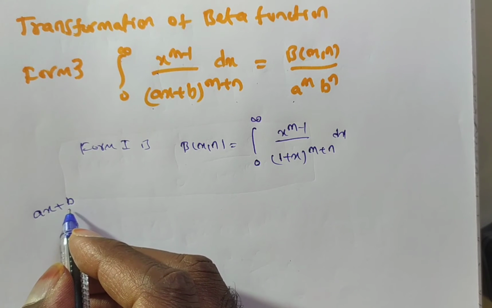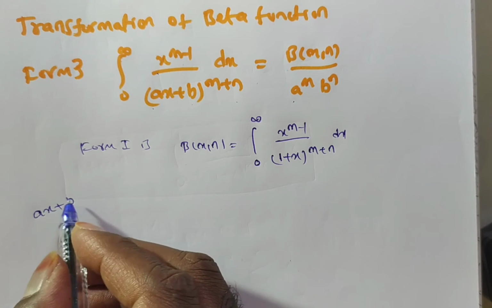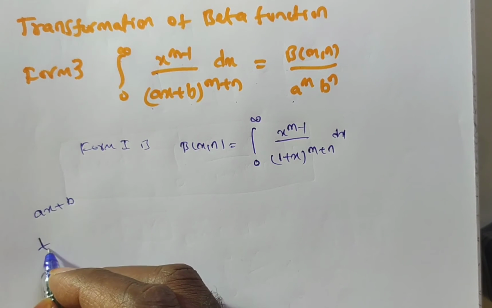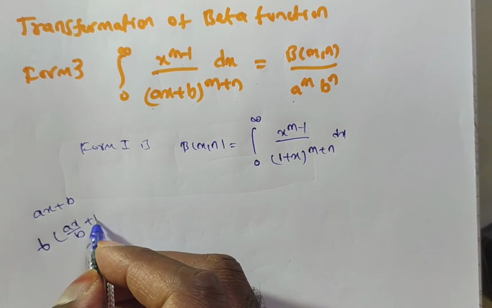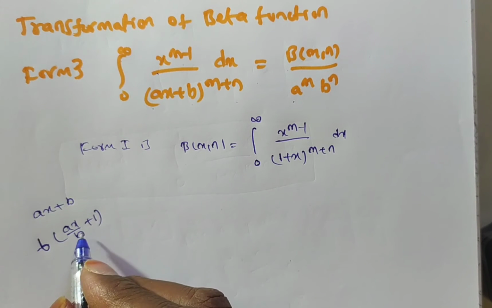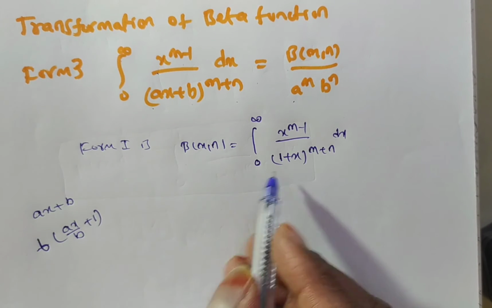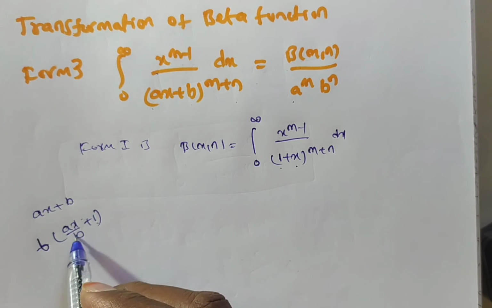In this case what to do? Is it easy to solve this one? So we will verify first. What we are going to do here: you try to make this a 1. Then how do we get 1? You take b common, then you will have b times (ax by b plus 1). So here you observe, this is 1 plus x, and this is 1 plus ax by b.